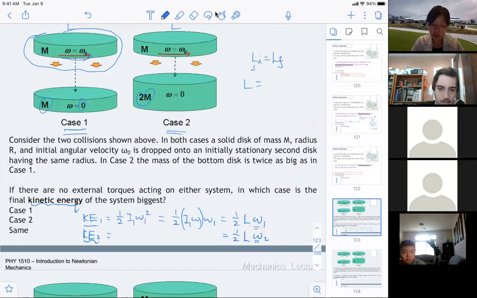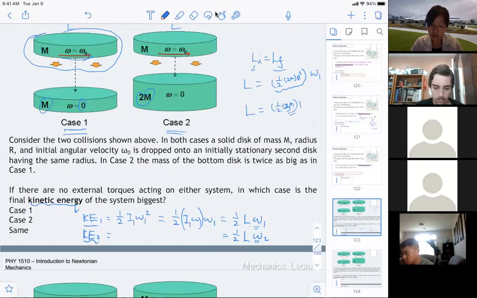Very good, very good. They all had L to begin with. For case 1, they had 2 of the disks together. So if you want to write I for the 2 disks, it is simply 1/2 times mr squared. In this case, it is 2mr squared, the total rotational inertia, times omega 1. But case 2 is the same, but is now being dropped onto twice the mass.